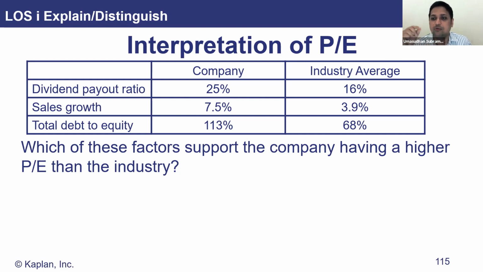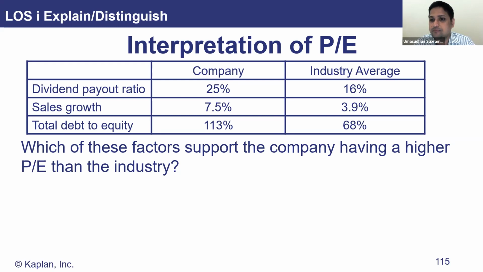Now, higher sales growth for the company compared to the industry average, is this going to help the company have a higher PE ratio? Yes or no? That is again going to give a higher PE ratio. Why? Because this is going to reduce the denominator. The denominator value is going to reduce because the higher growth would mean a lower denominator and a higher PE ratio.